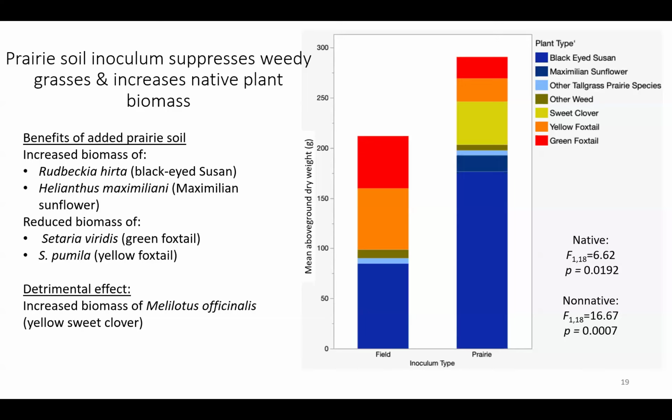You can see that reduction in the size of the red and orange bars. And then interestingly, yellow sweet clover only showed up in the prairie inoculated plots. And that may have to do with the fact that the rhizobia with which they associate were present in that prairie soil.